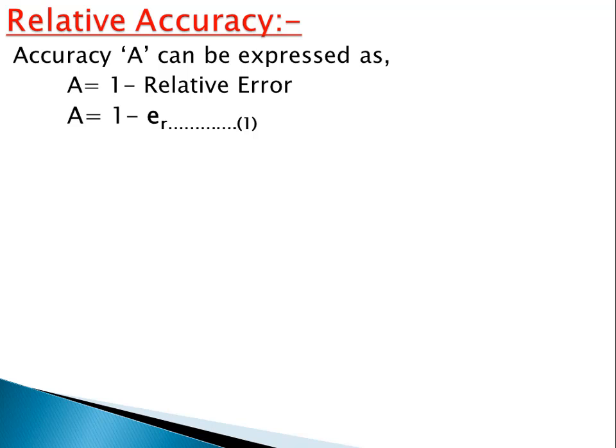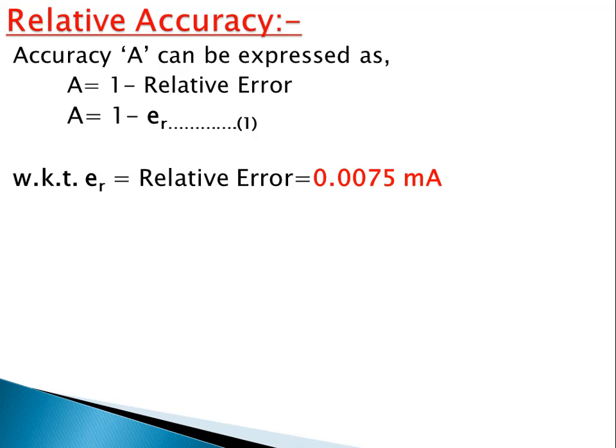Consider this as equation number 1. We know that er is the relative error that we found earlier, and the value of relative error is 0.0075. Now substitute the value of relative error in the above equation so that A = 1 - 0.0075.